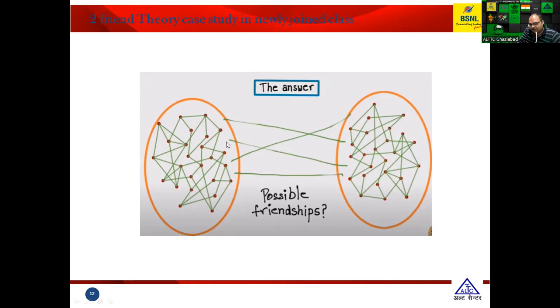Then how many combinations can be there? 25 into 25. That means 625 combinations can be there. 625 possibilities of friendship. Can you imagine the power of social media? Have you got my point?